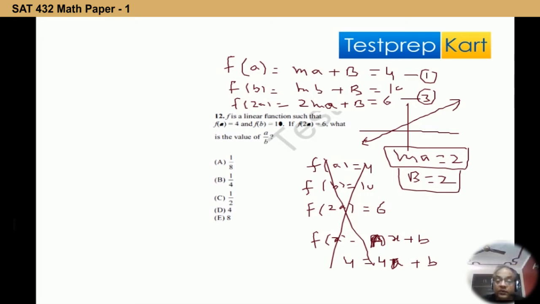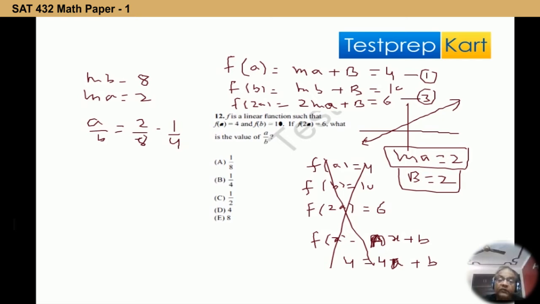Now B is 2, so mb will be equal to 8. So mb is 8 from the second, ma is equal to 2. If I divide these two, a upon b will be equal to 2 upon 8, which is equal to 1 upon 4.